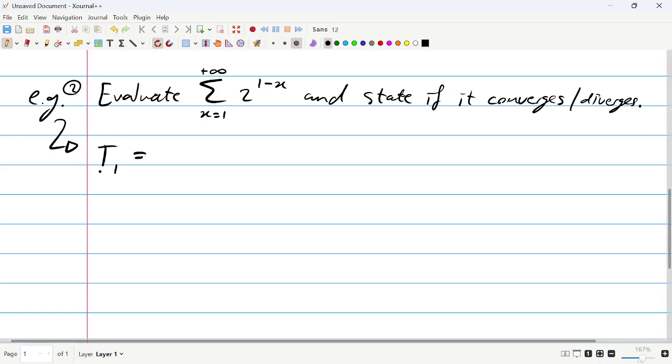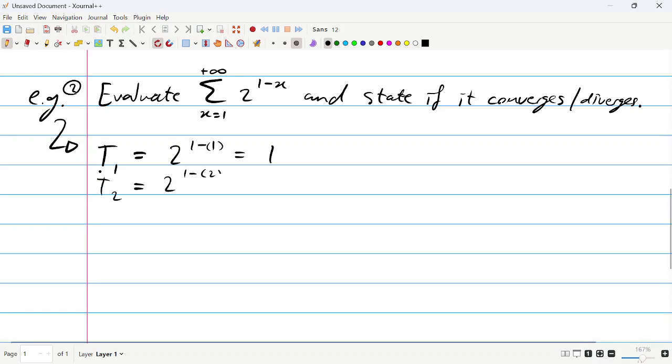Term 1 is just going to be where we plug in x equals 1. So 2 raised to the power of 1 minus 1. That's just going to be 1 because it's 2 to the power of 0, which is 1. Term 2 is going to be 2 to the power of 1 minus 2, which is 2 to the power of -1, which is 1 over 2.